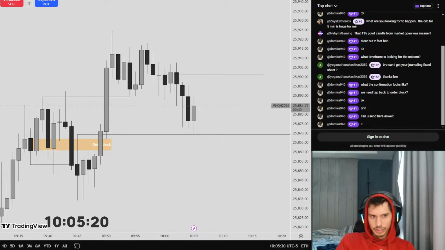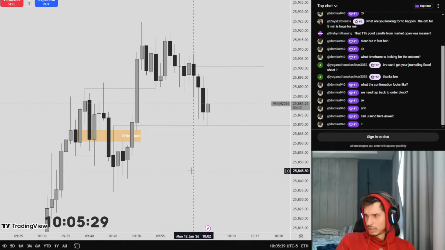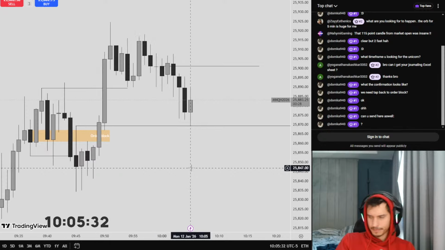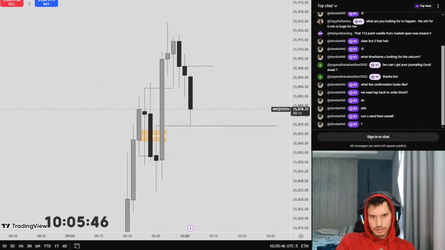No real market structure shift on ES. Am I thinking longs here? Probably not. Just stick to the bias. Probably not gonna get inversed.